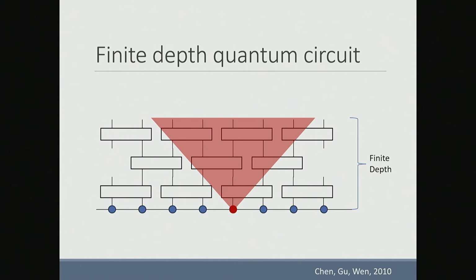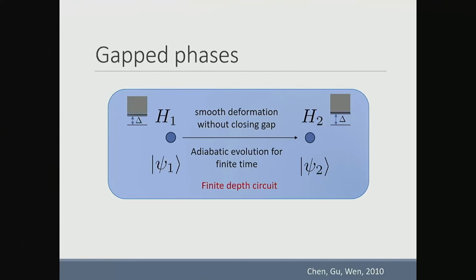So this is our work in 2010, where we proposed that because of the locality-preserving property of the finite depth circuit, we can use it as a definition of equivalence relation between ground state wave functions in the same gapped phase.